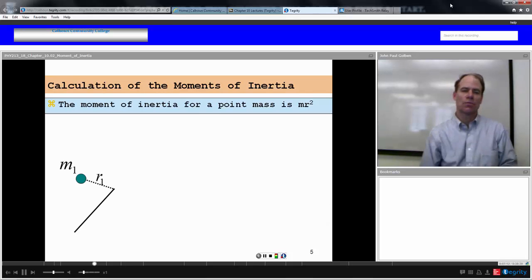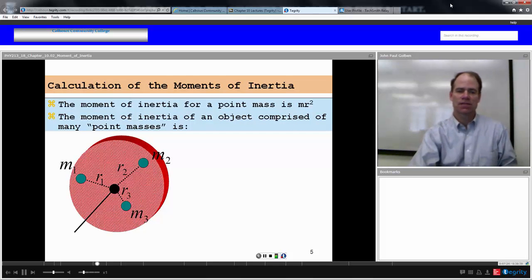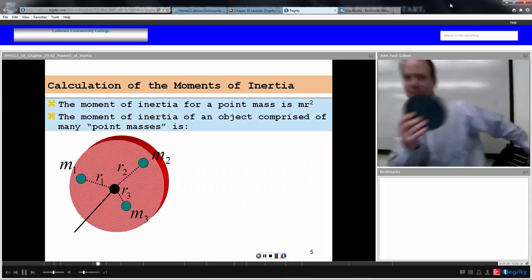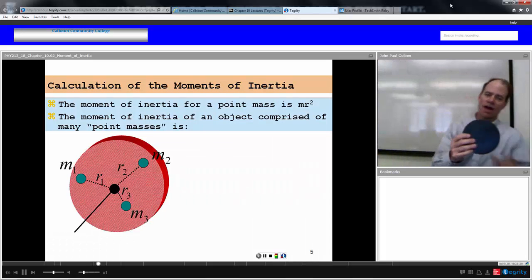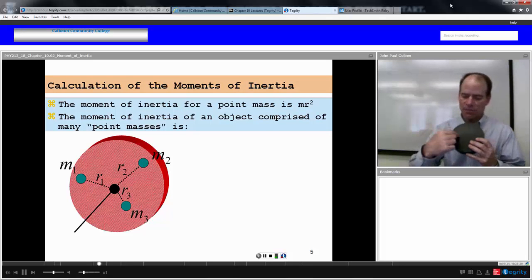So, the moment of inertia of a point mass is indeed m r squared. What would happen, though, if we had a continuous object comprised of many point masses? It might look something like this, like a disk. Something like this, where I have a bunch of point masses all around this disk, and each mass is a different radius from the axis of rotation, the center axis.